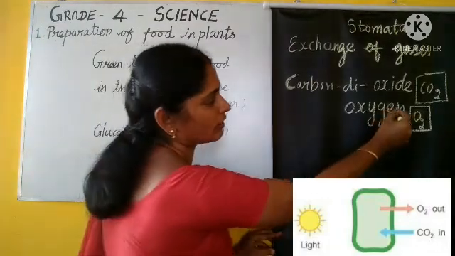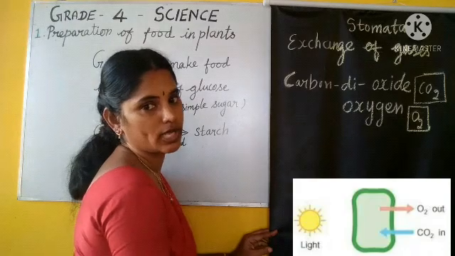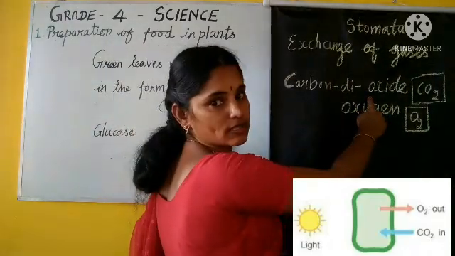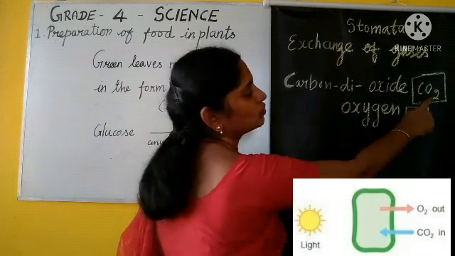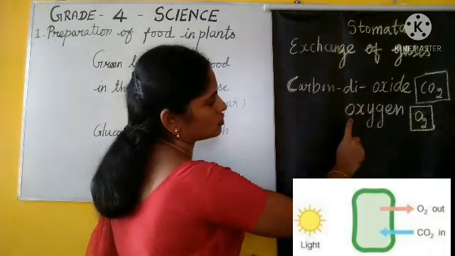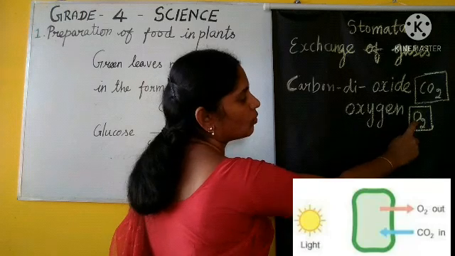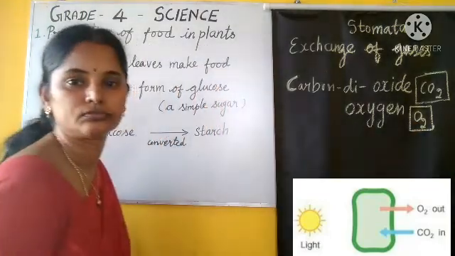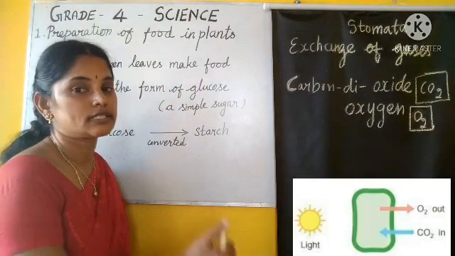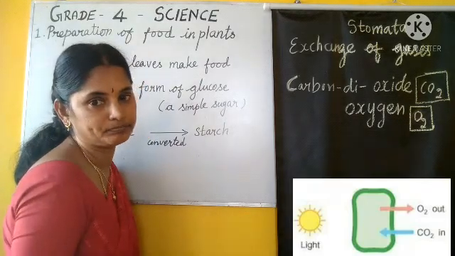C stands for carbon and O stands for oxygen. Di means 2. Then for oxygen also, O2. In this way also we can write. You have to know this clearly, that's why I am saying it separately.